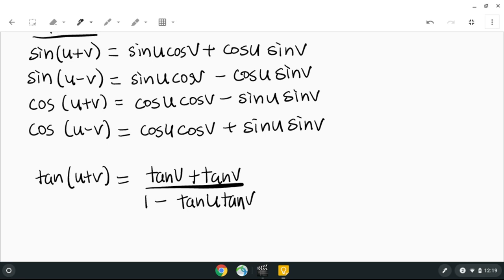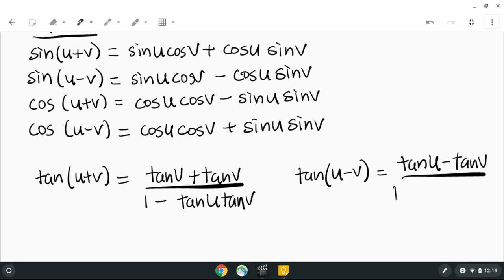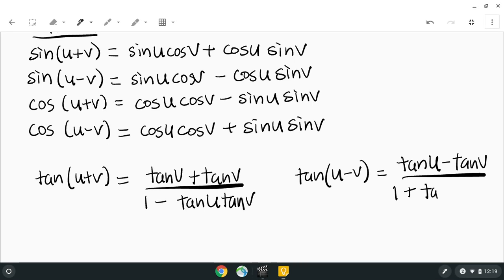And tangent of u minus v will be very similar: tangent u minus tangent v all over 1 plus tangent u tangent v.